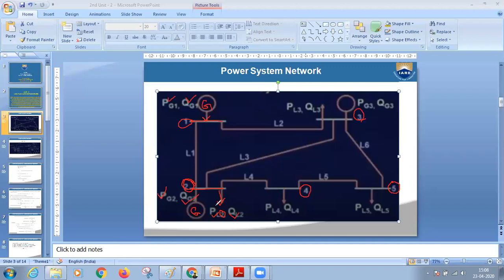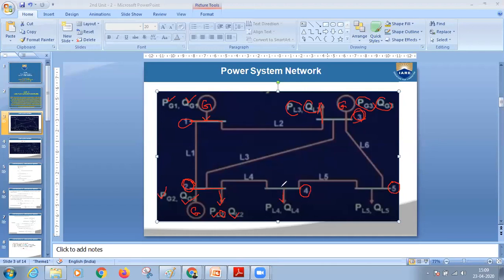So this suffix 2 represents the second bus. Similarly, the third bus is also connected to one generator and one load. The generated power at the third bus is Pg3 and Qg3, and the power received by the load is PL3 and QL3. At the fourth bus, you do not have a generator; only a load is connected.